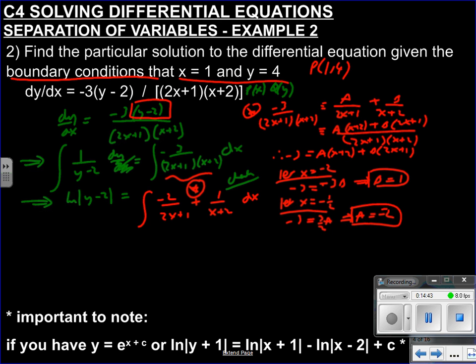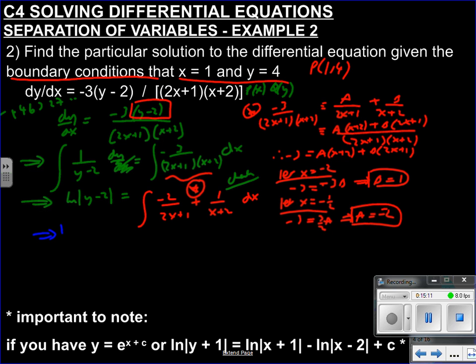What do we get? We get minus 1.46327, etc. And then if I whack in 0.01 into my partial fractions, minus 2 over 2x plus 1, plus 1 over answer plus 2, I get the same thing. So, it's all good. Discipline.